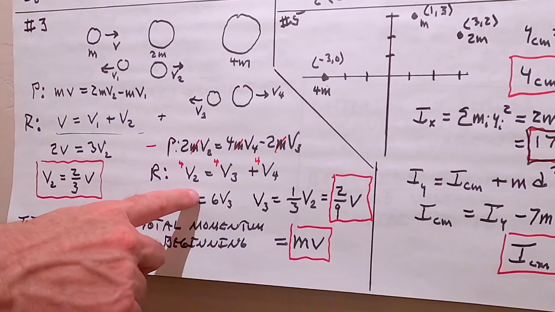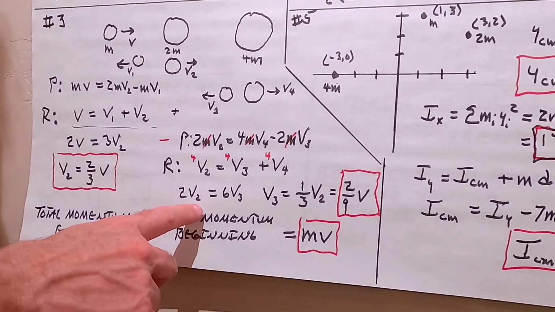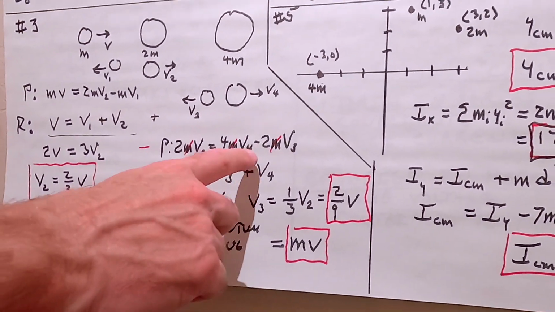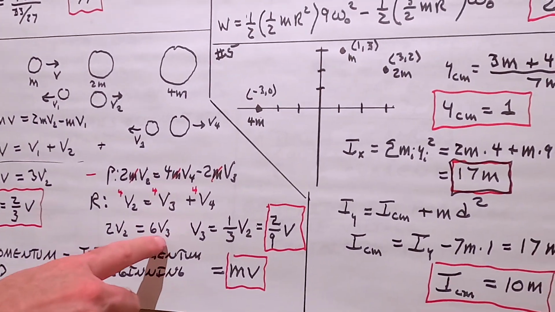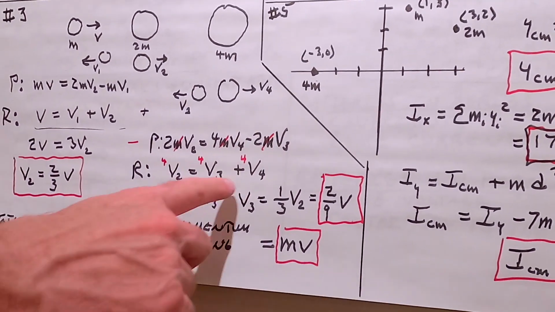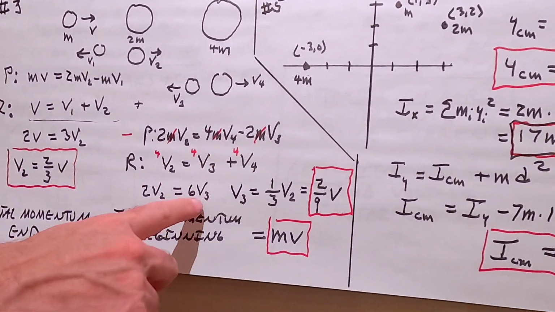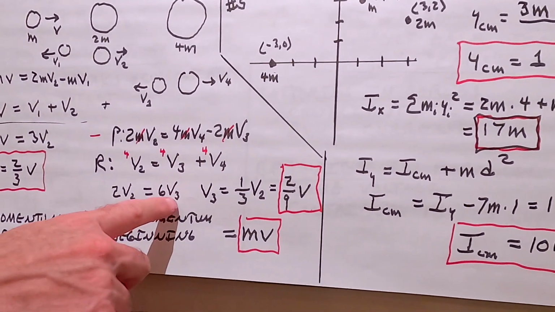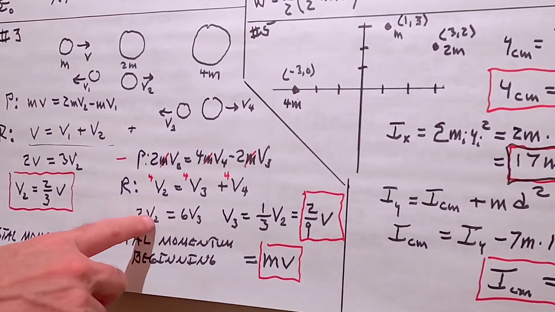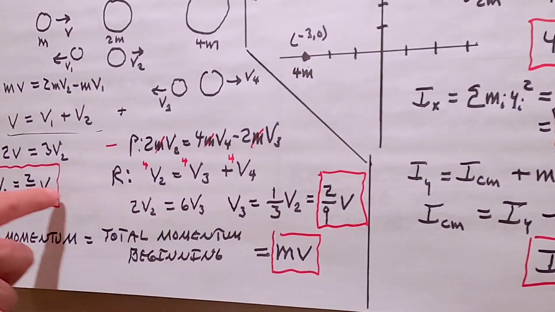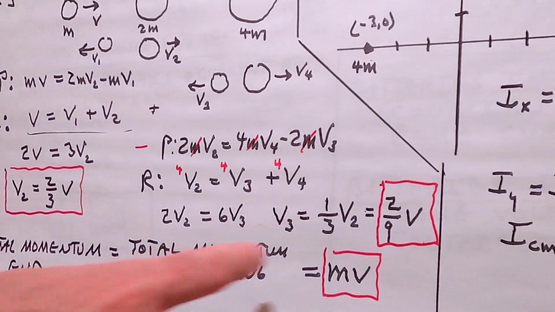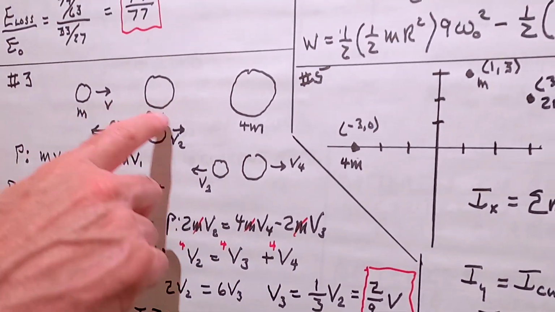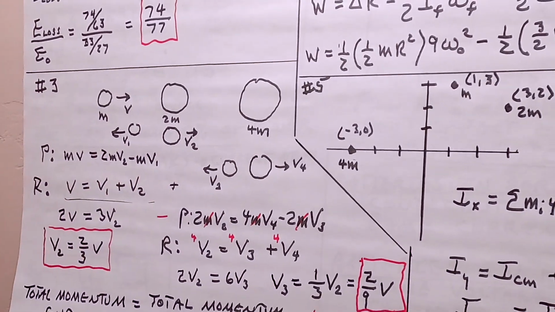So you get 4v2 minus 2v2 is 2v2. 4v3 minus a minus 2v3 is 6v3, since we're subtracting a negative, and these two dropped out. So v3, which is what we wanted, was 1/3 v2, but v2 was 2/3, so that's 2/9 v right here. So the speed of this guy will be coming back at 2/9 speed.